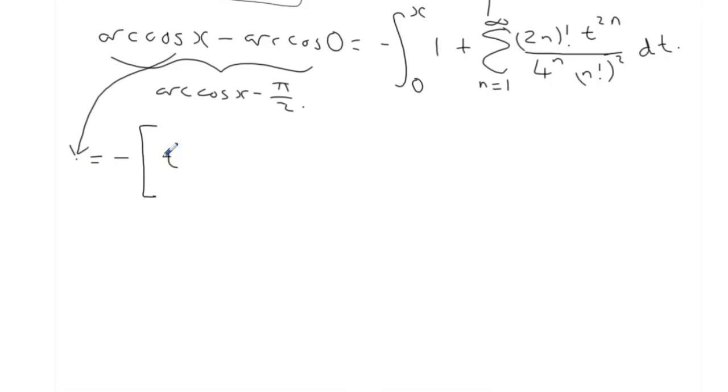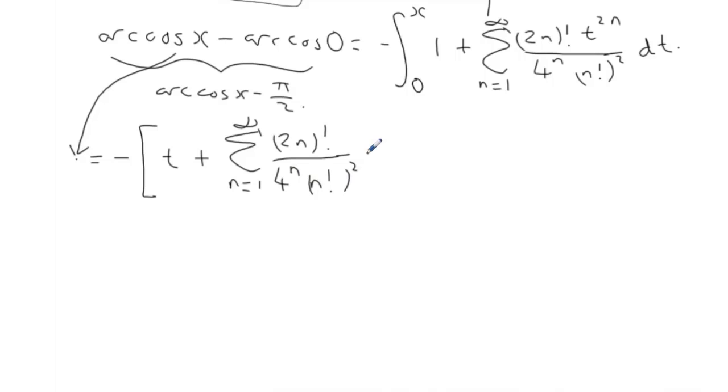So the integral of 1 dt is just t, plus the series from n equals 1 to infinity, I'm just going to pull everything out that isn't related to t. So that would be 2n factorial over 4 to the n times n factorial squared.